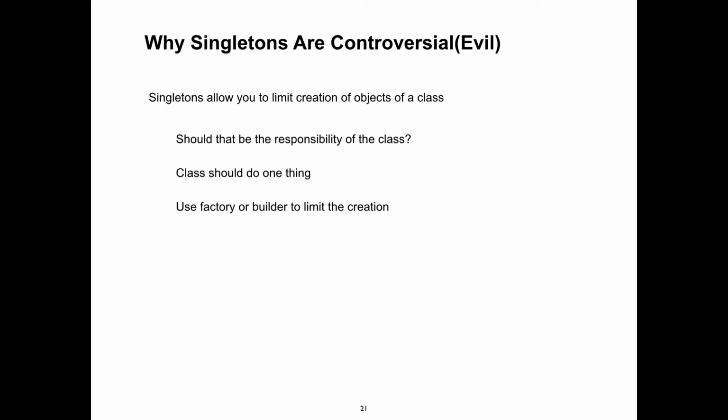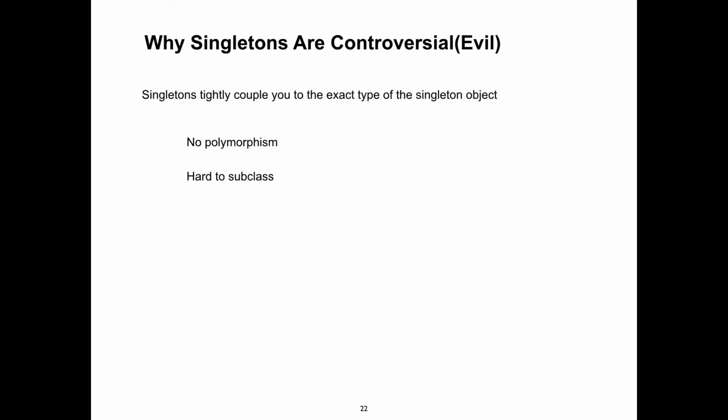Another complaint is that whose responsibility is it to limit the number of objects created from a class? Should a class deal with it, or should some other entity be involved? Yeah, it's hard to deal with polymorphism.